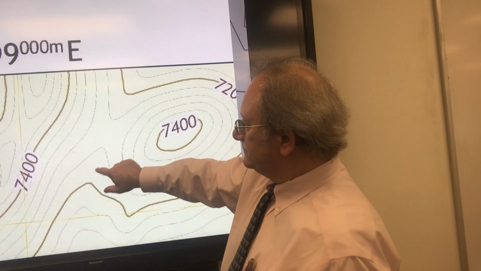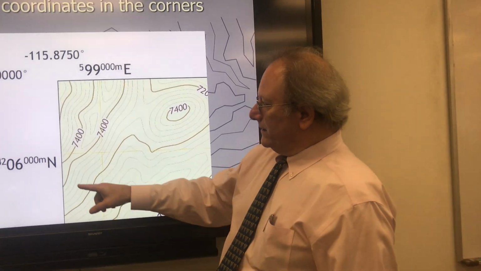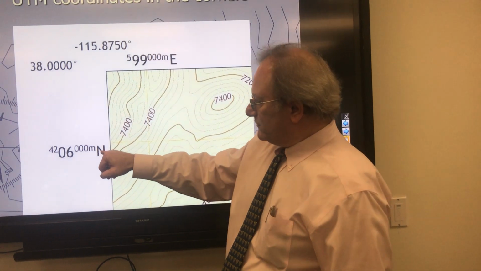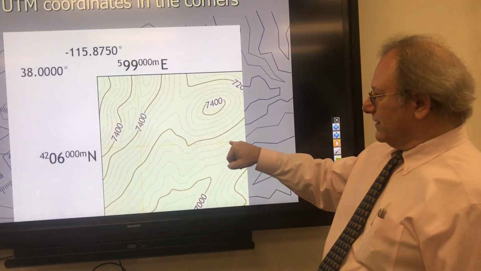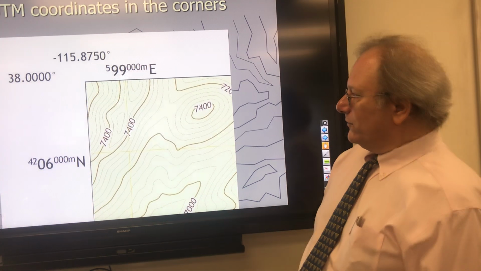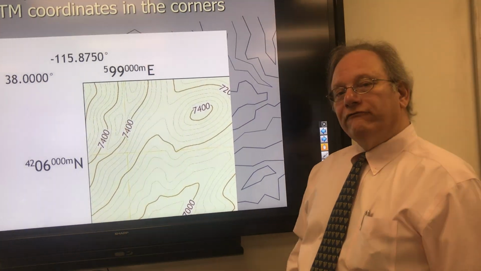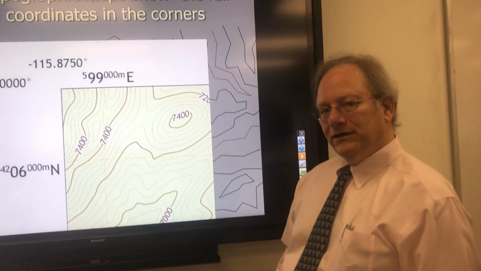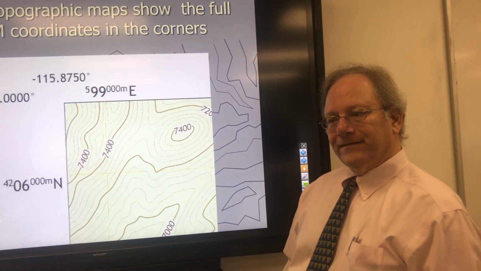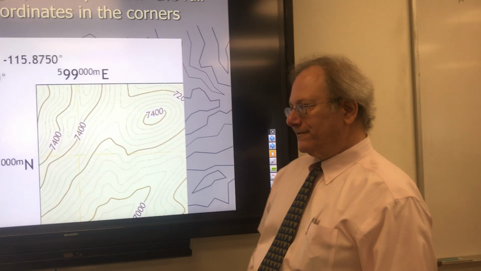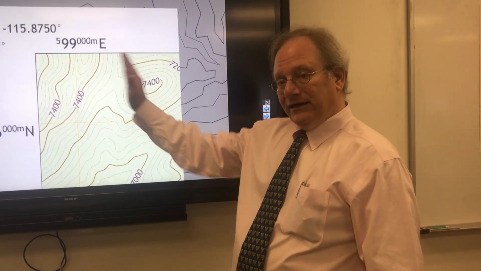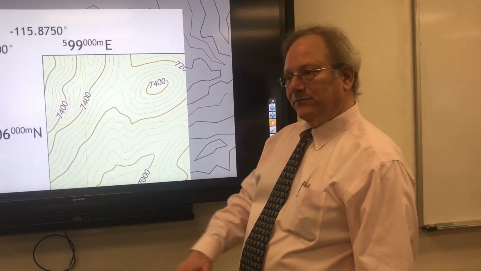Now, this here is the northing, and it's the northing of this horizontal line. So what is that number? 4,206,000 meters north. That's the distance north of the equator in meters. And as with the easting, they only mark every 1,000 meters.